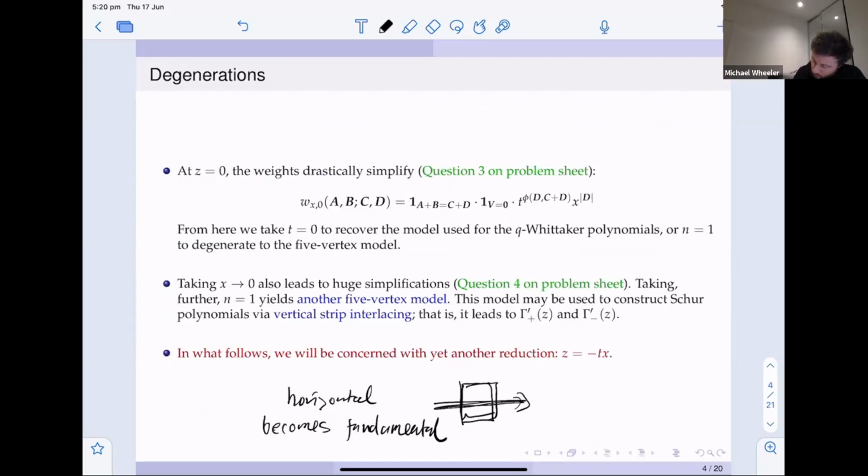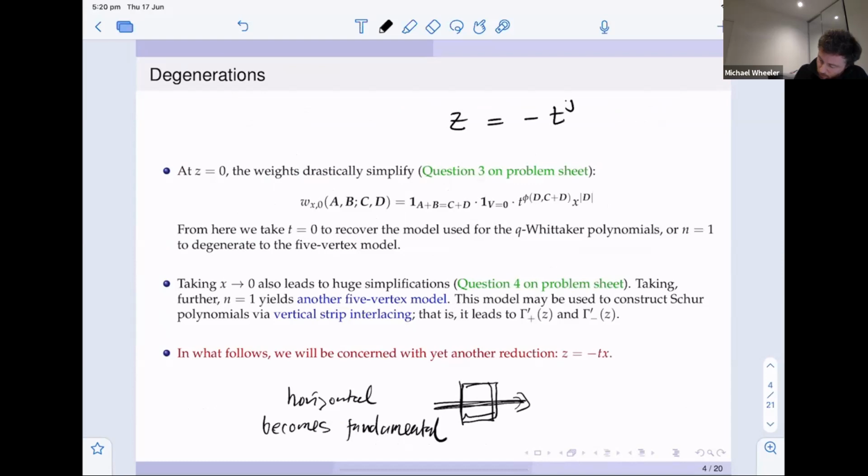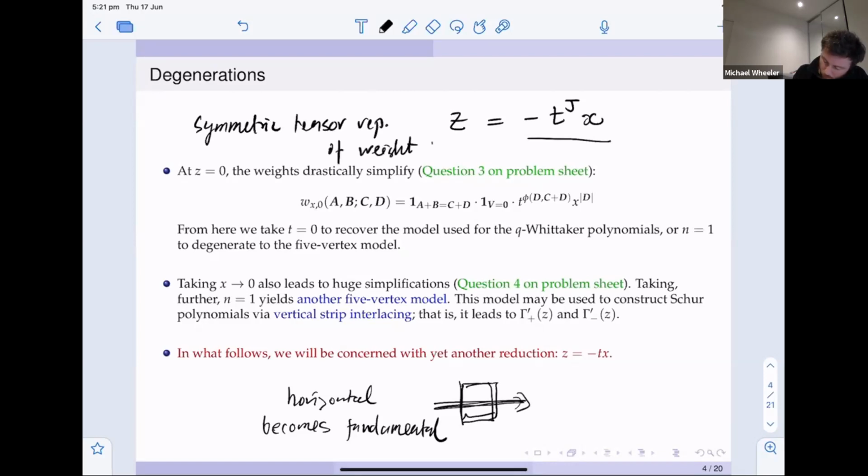Yeah. So this z is morally minus t to the j over x, sorry, I've got this wrong way around, times x. Okay, so when you perform this specialization here, you get the symmetric representation of weight j.